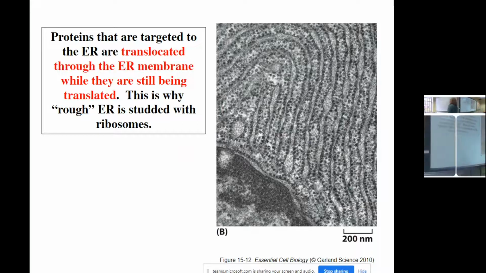There are a lot of proteins that need to go into the endoplasmic reticulum for a variety of reasons. Have you learned before, like, why would a protein ever go there in the first place? What could be some reasons it needs to be in the endoplasmic reticulum? What is the job of the endoplasmic reticulum?